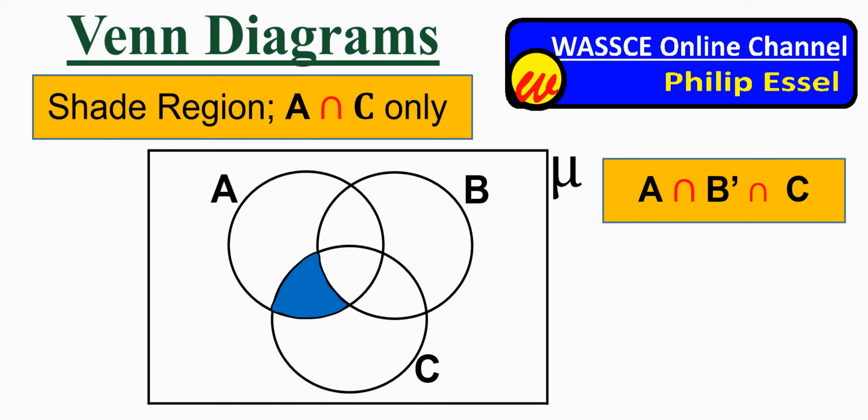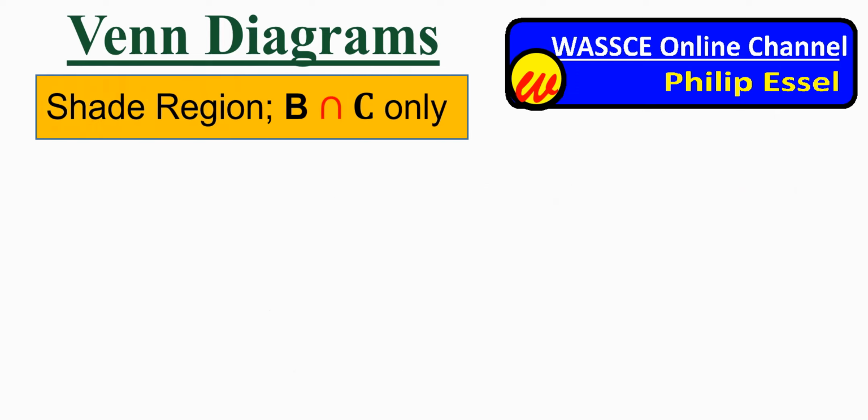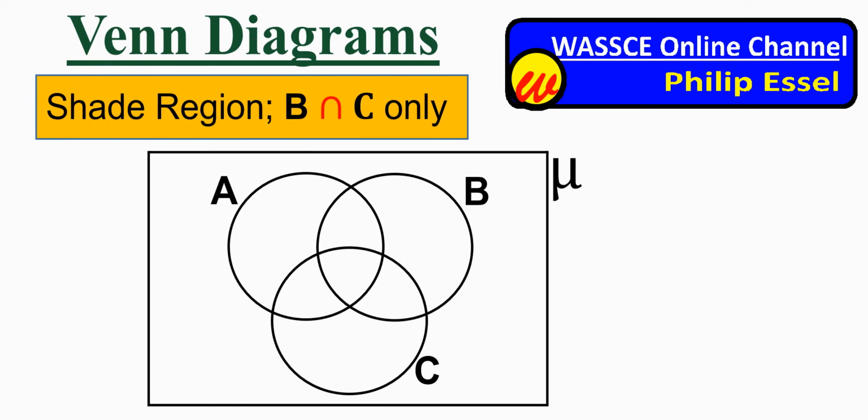Let's look at our next example. We will look at B intersection C only. So let's first show our Venn diagram of three intersecting sets.